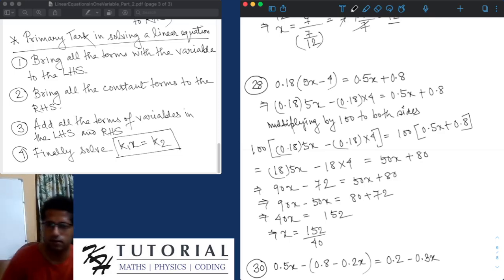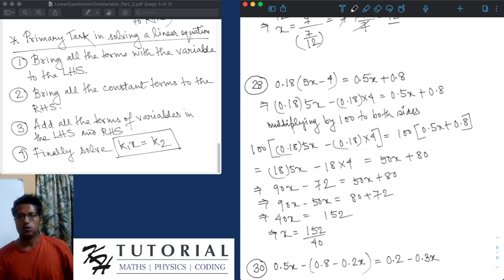Let me see if I did the multiplications correctly or not. So it is 0.18 into 5x minus 0.18 into 4 equals 0.5x plus 0.8. Multiplying both sides by 100, we get 100 into this equals 100 into the RHS. The LHS becomes 18 into 5x minus 18 into 4 equals 50x plus 80.